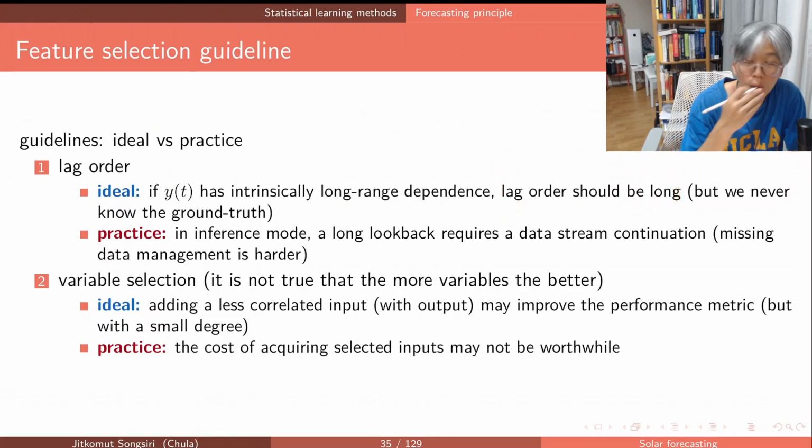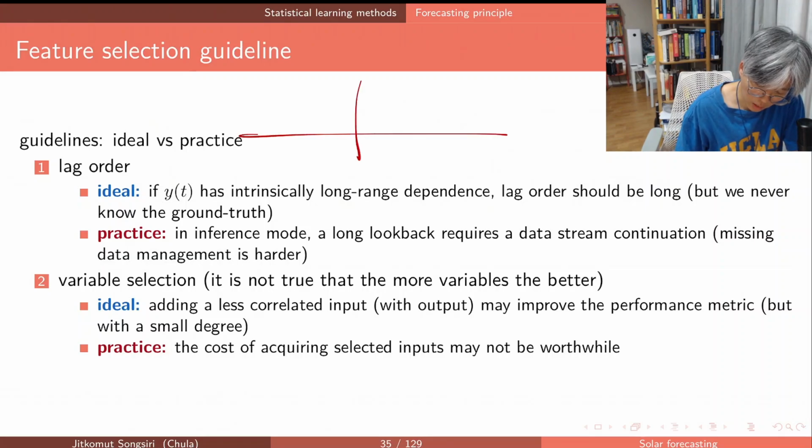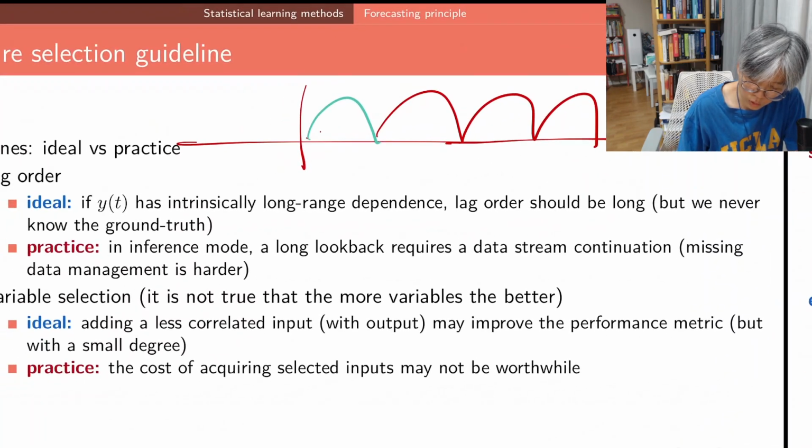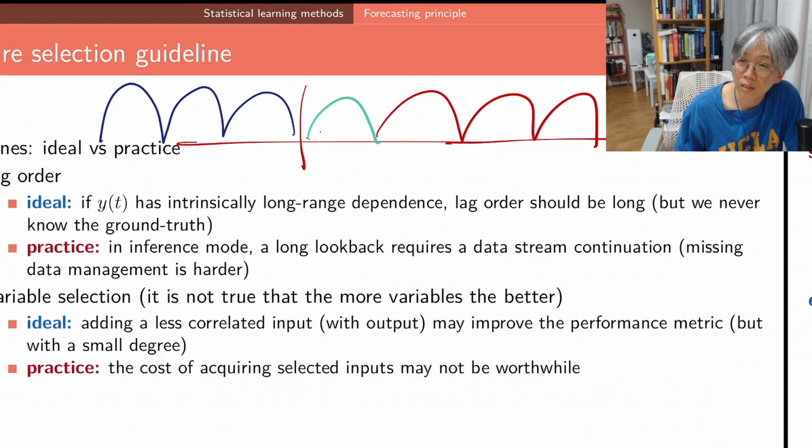For example, suppose I'm here today and I want to predict 3 days ahead in the red line, and my model requires the lag order of 3 days.